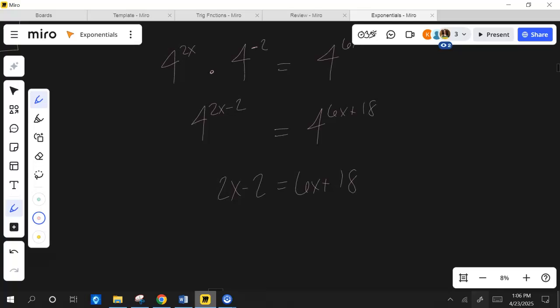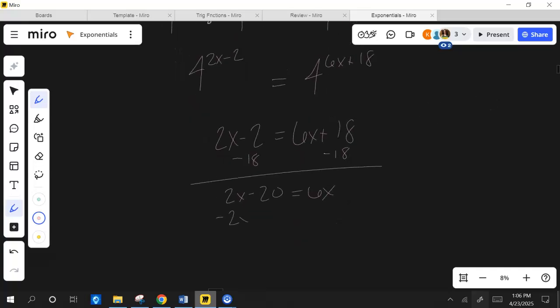Do minus 18. Now you want to do divided by 2. Subtract 2 out next. 2x is what he meant. And the answer is -5.